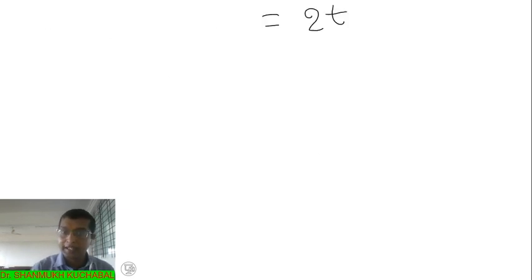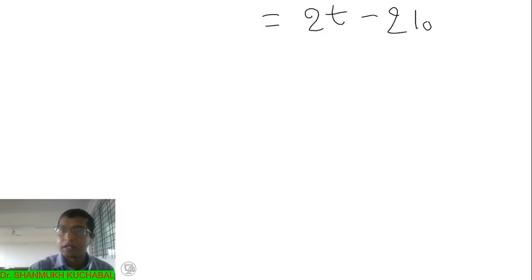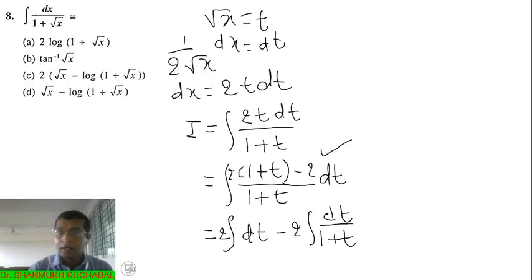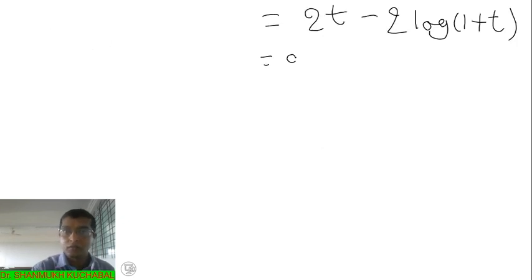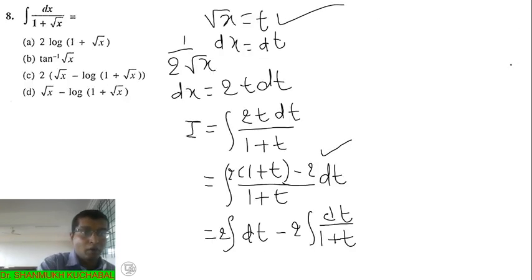Further minus 2 I keep as it is, and further 1 divided by 1 plus t. It is a simple function, it is log of 1 plus t. Further, t value we have to replace as root x, so we get 2 root x minus 2 log 1 plus root x. Here we can take 2 as common outside, therefore option C is the right answer.